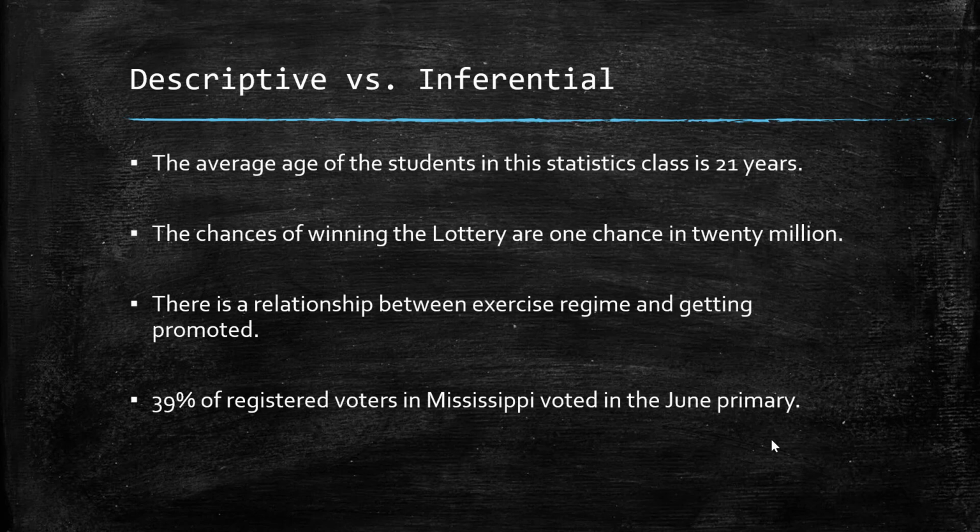So, all right, so here's our decision. The average age of the students in this statistics class is 21 years. Right, so that should be descriptive because it's talking about the students in this class. This is inferential because we don't know exactly what it is, or we don't know how many tickets are going to be taken in all.